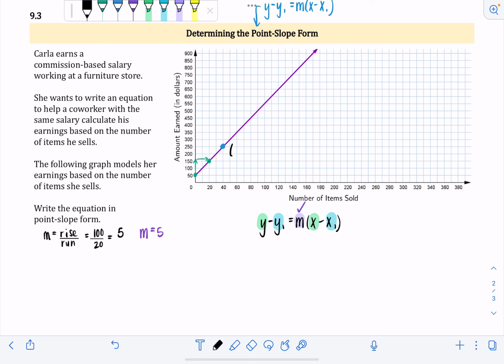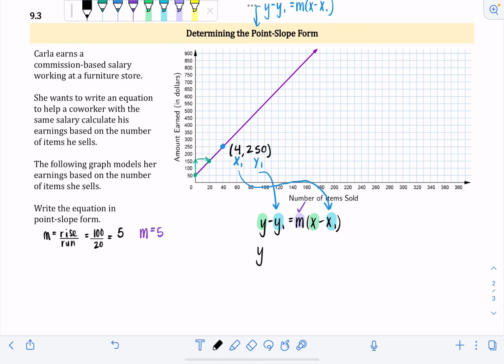That blue point that I just put on the graph is 40 on the x and then 250 on the y. So that's going to be my x1 is 4, and then my y1 is 250. So I just have to put my y1, 250, in there, and then my x1 in here.